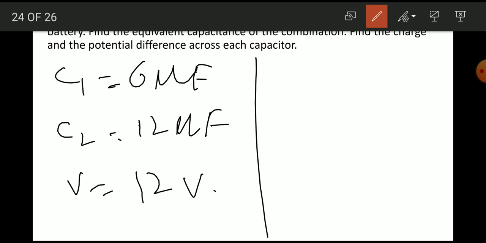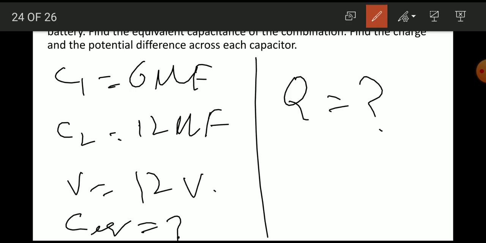Find the equivalent capacitance of the combination. Find the charge and the potential difference across each capacitor. Capacitors are connected in series, so charge will remain the same, but potential difference will be different, V1, V2. I will write the equation for you and you will do it.